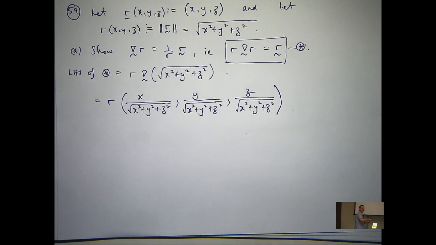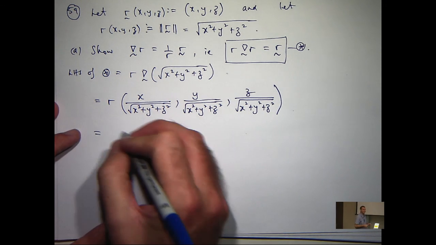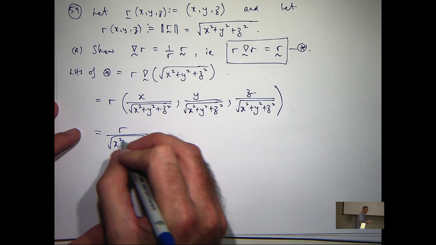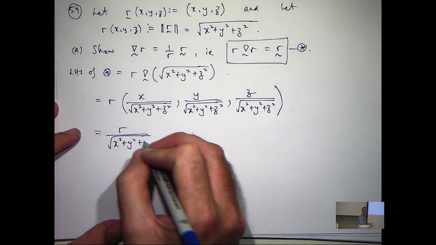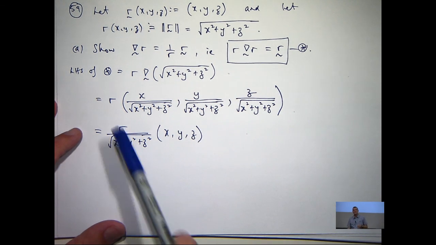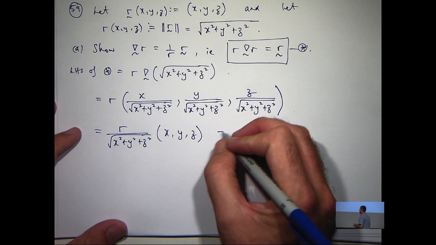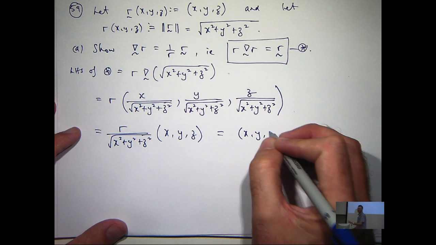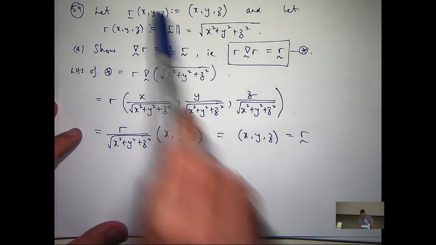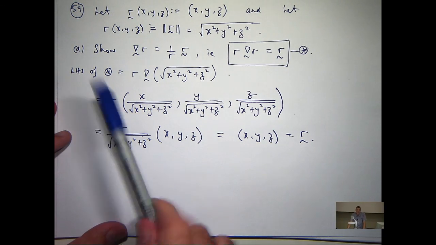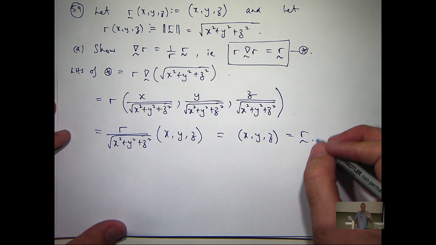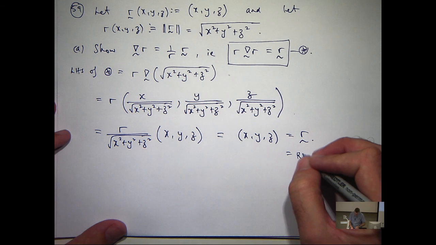So I can do this, and R's this, so I can cancel out. So I get x, y, z, and what's that? Oh, that's just my definition of the vector function R. So the left-hand side is this. I've got it down to that, and that is the right-hand side.